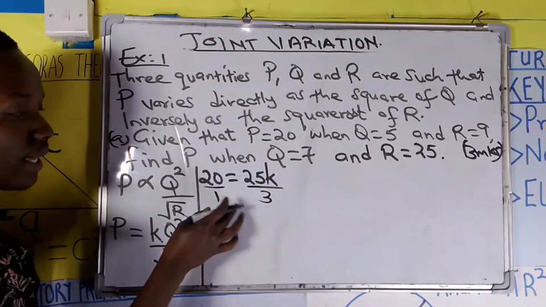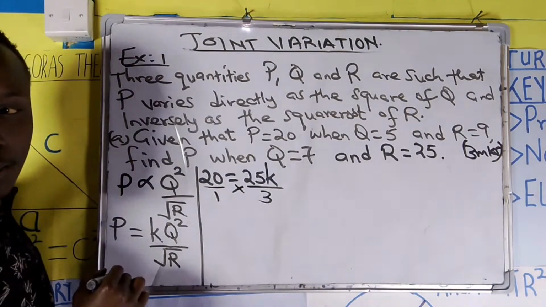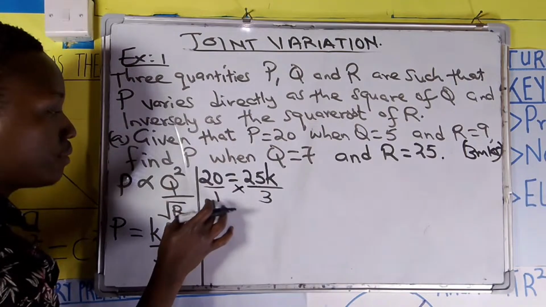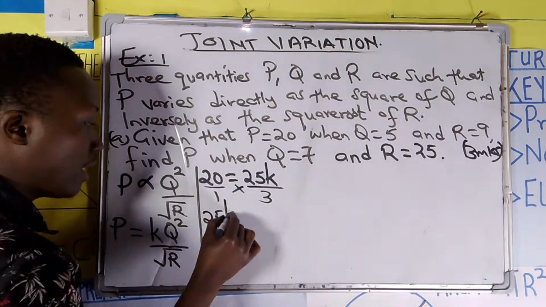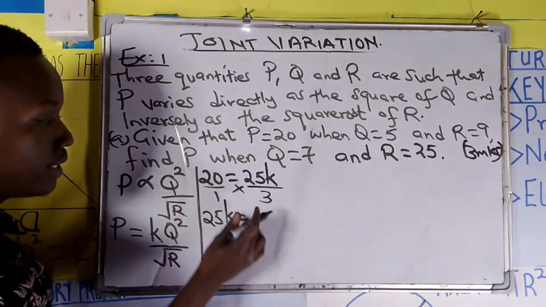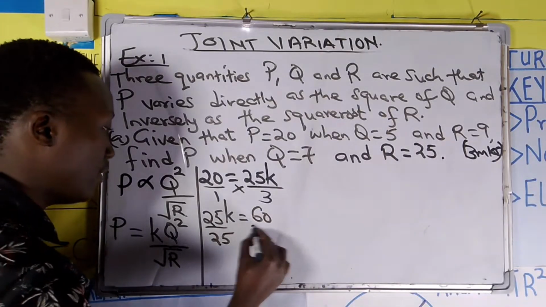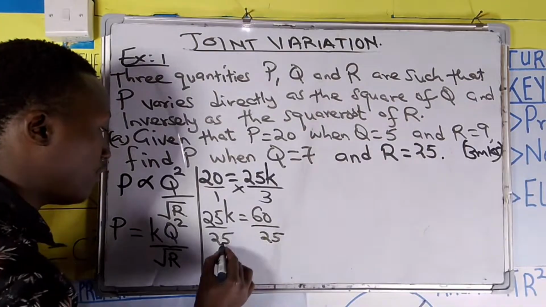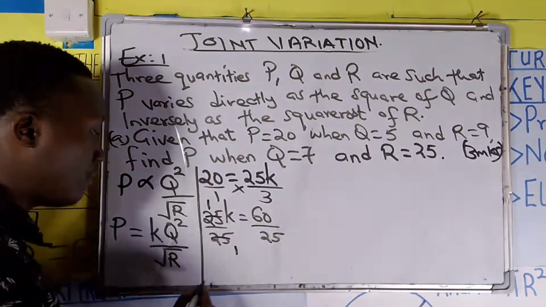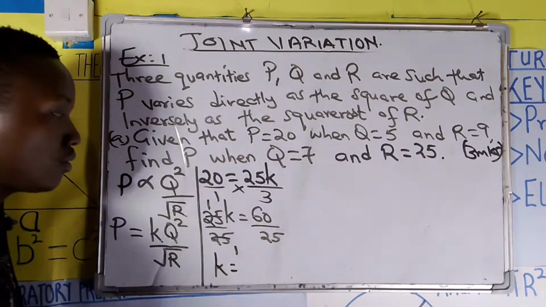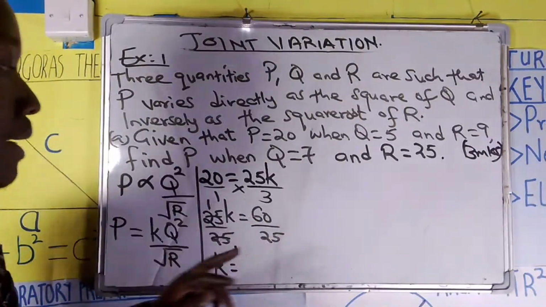Can we get our K? Yes. We cross multiply. 25K times 1 is 25K, 20 times 3 is 60. Let's divide by 25. So K is equal to 60 divided by 25.